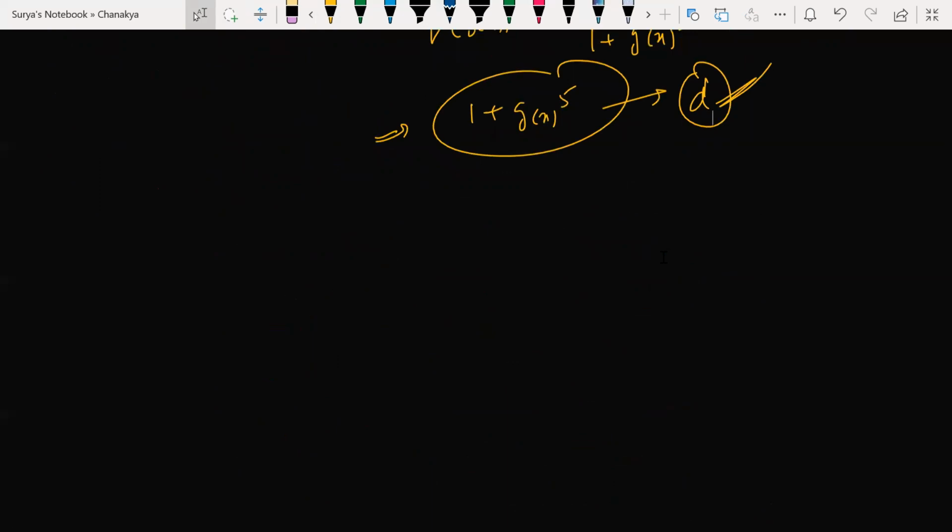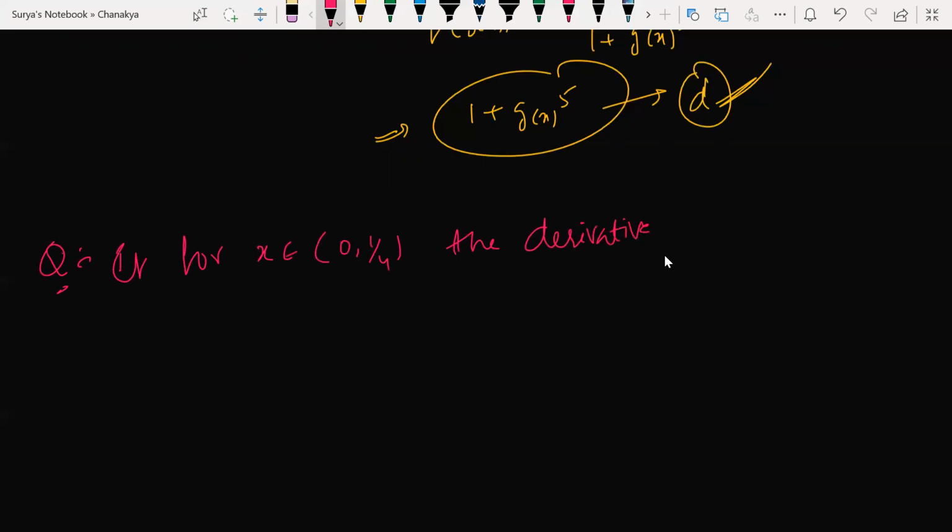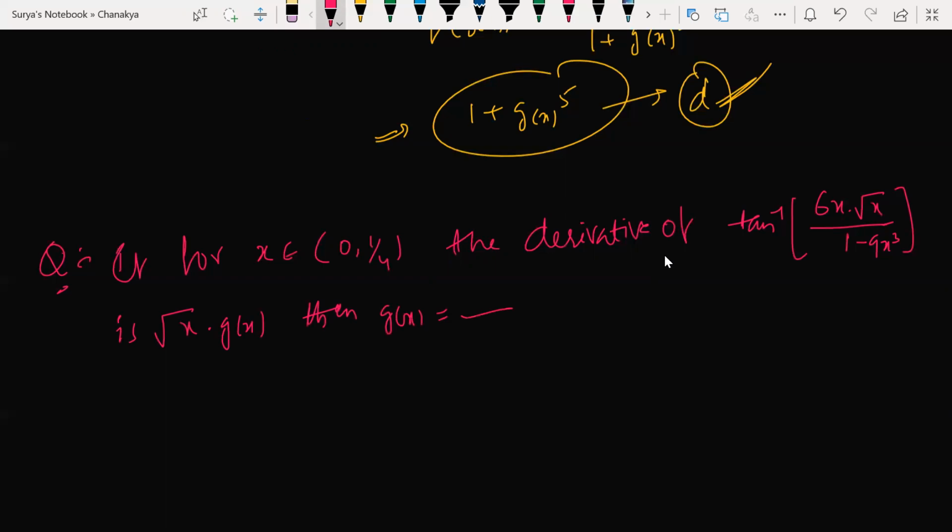This has been asked in JEE 2014. If for X belongs to 0 to 1 by 4, the derivative of tan inverse of 6x into root x whole divided by 1 minus 9x cube is root x into g of x, then g of x is equal to what?